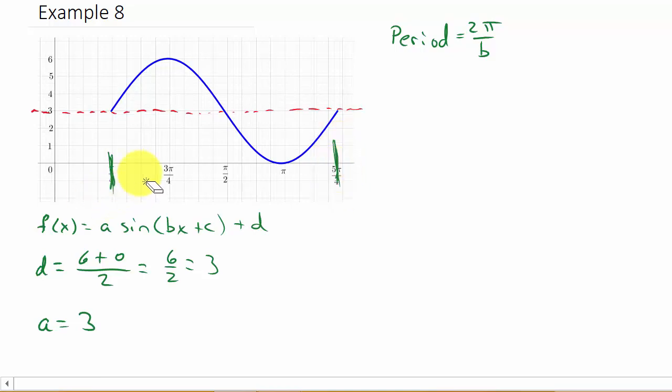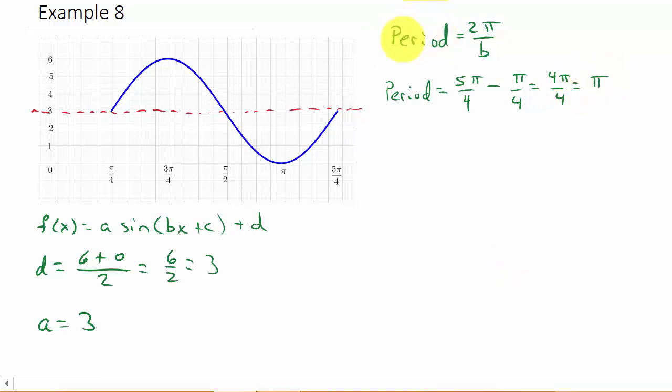That's the length of the period. Well, how do we find that length? Well, the length of the period is the largest value, 5 pi over 4, minus the smallest value, pi over 4, which is 4 pi over 4, which equals pi.